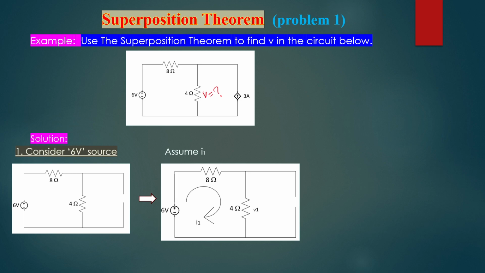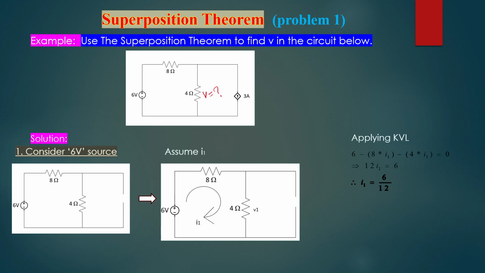So we are assuming the current I1 is flowing in this direction. By applying KVL, Kirchhoff's voltage law, we can calculate I1. At first 6 volt, which is our positive voltage, then minus the voltage drop I1 into 8.